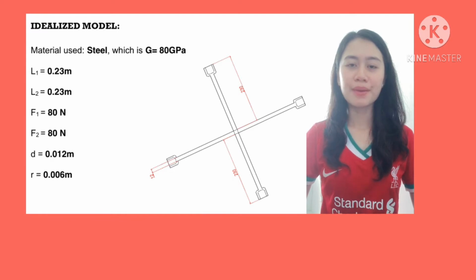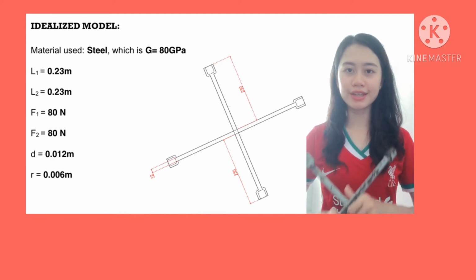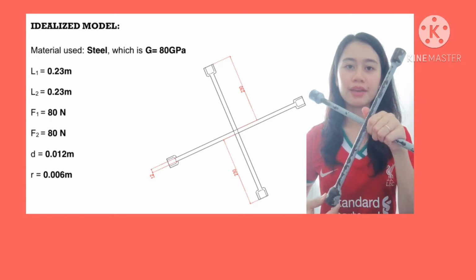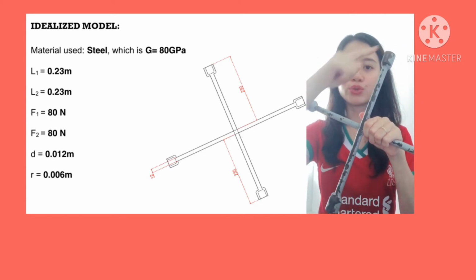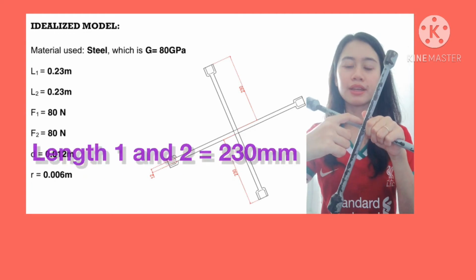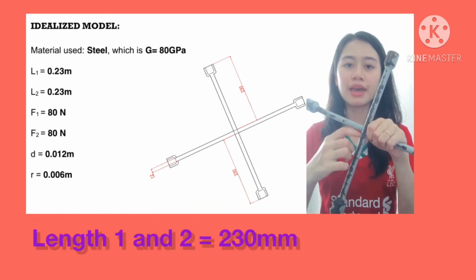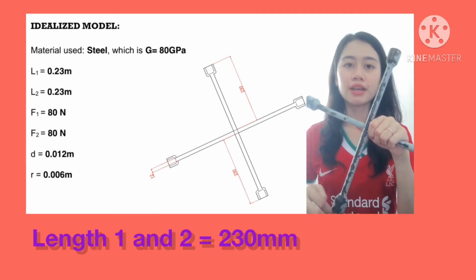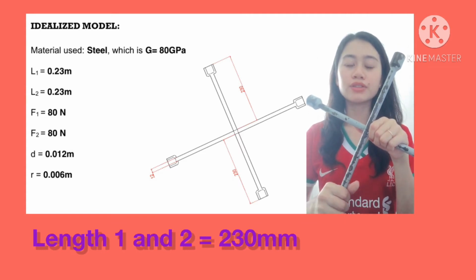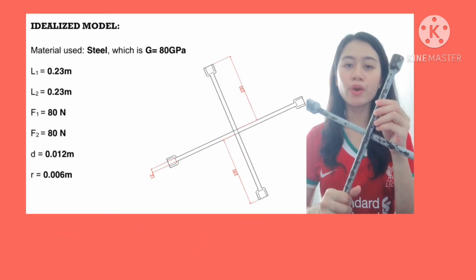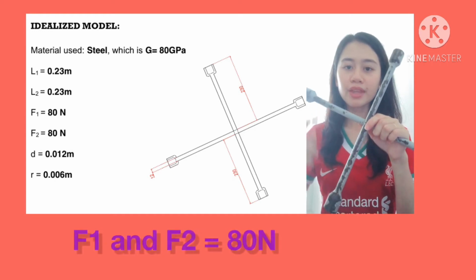Idealized model. Material we use is steel, which is 80 GPa. And here to here is length 1. It is 230 mm. And here to here is length 2. It is also 230 mm, and then we convert to meter is 0.23 meter.